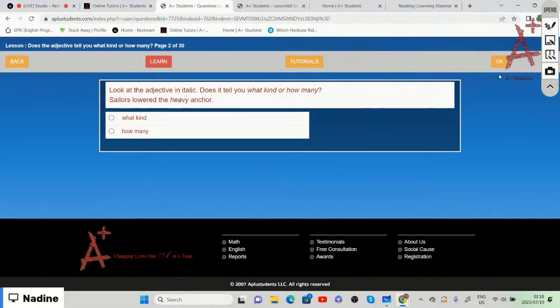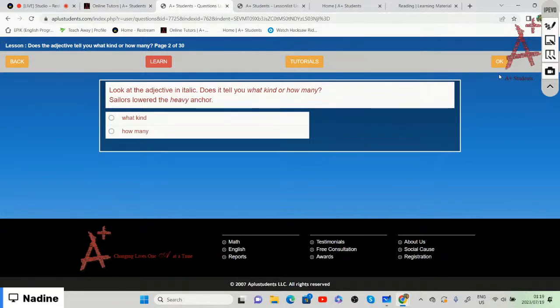Sailors lowered the heavy anchor. We need to say whether the word heavy, which is in italics, tells us what kind or tells us how many. Heavy anchors.